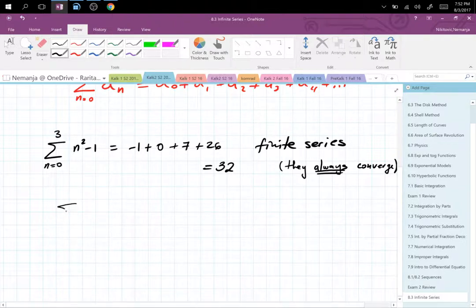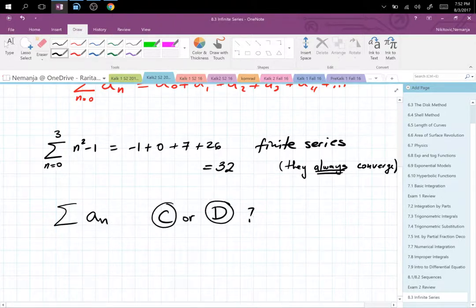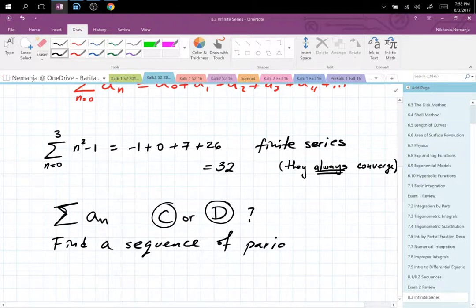Say you have an infinite series of a_n and you are asking if this is convergent or divergent. What you could do is find the sequence of partial sums. If that sequence converges, the series will converge. If that sequence diverges, the series will diverge.